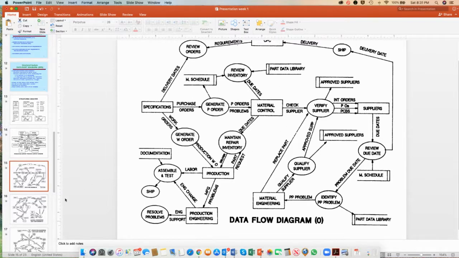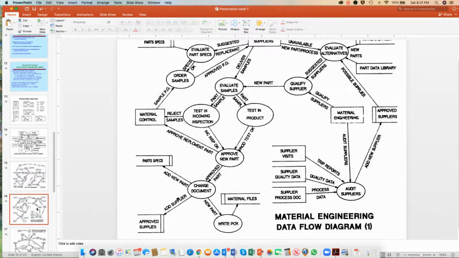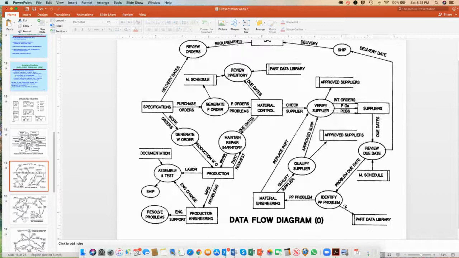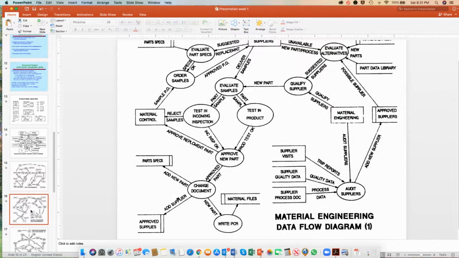So this is the first level. Then we went down another level in 2 pieces. So one of them was materials engineering. So now this corner of materials engineering got blown up, so to speak, in the next level. So you do things like, you can see things here that weren't on the upper level.